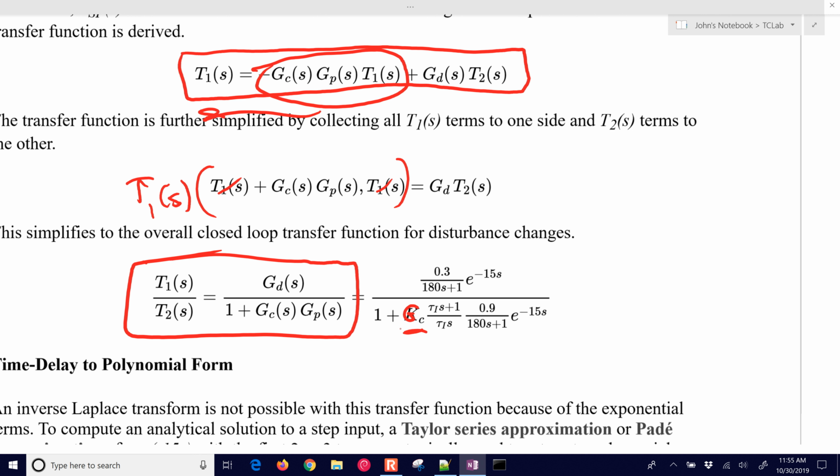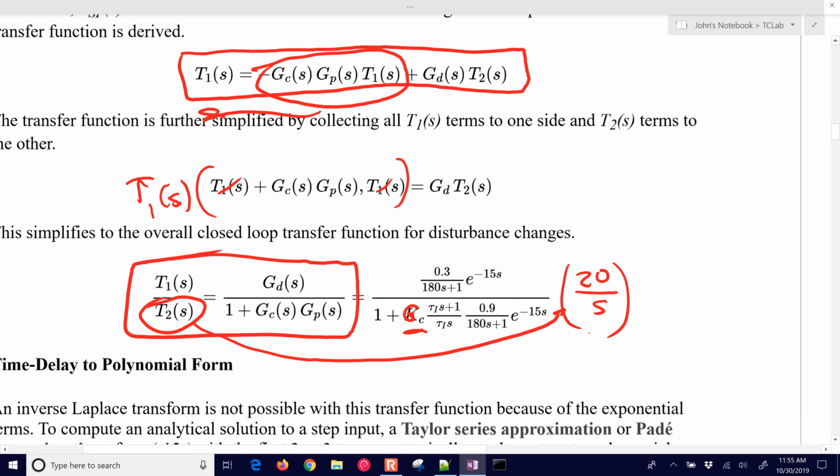Now the one thing that I've got to realize is, if T2 is going to be equal to 20 divided by S, I'll multiply that over. I've got a problem here because I can't do an inverse Laplace transform on these e to the minus 15s if I don't have something here as well.